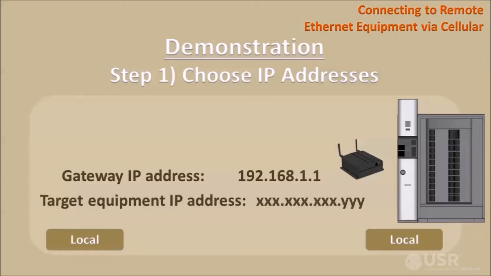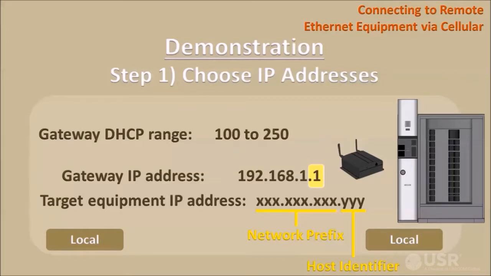The target equipment will require a static IP address with a network prefix that matches the gateway's network prefix, and a host identifier that's not the same as the gateway's host identifier, and doesn't conflict with the DHCP range of the gateway. In this example, I'll choose the target equipment's address to be 192.168.1.251. I'll write down this new target IP address for later use.